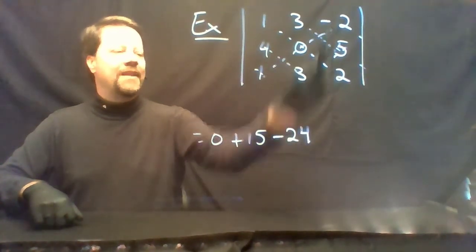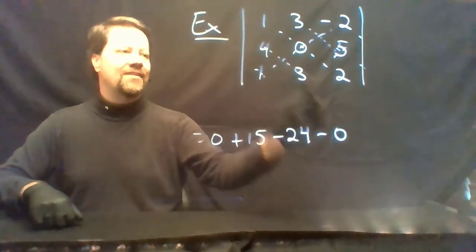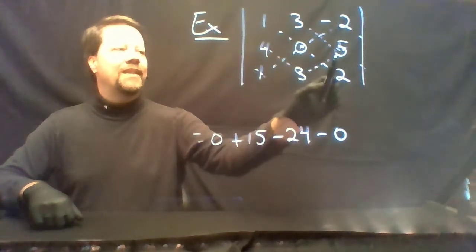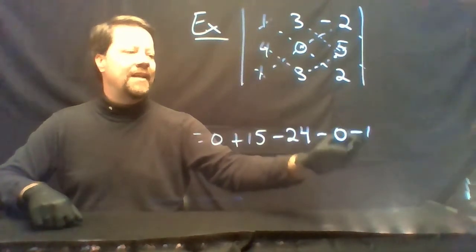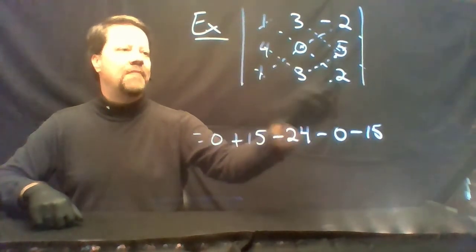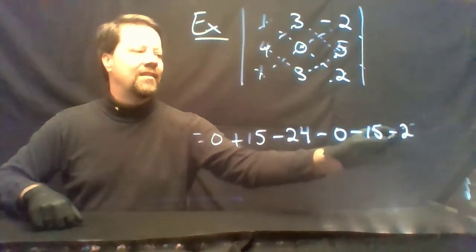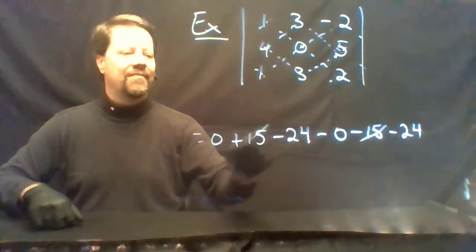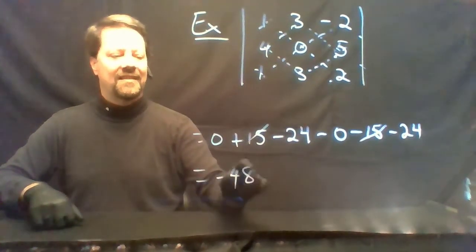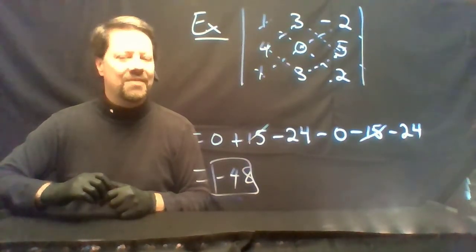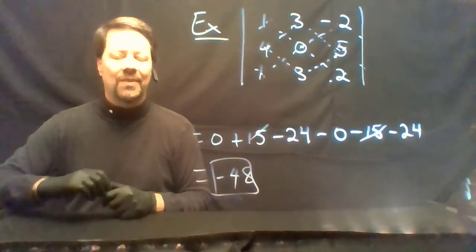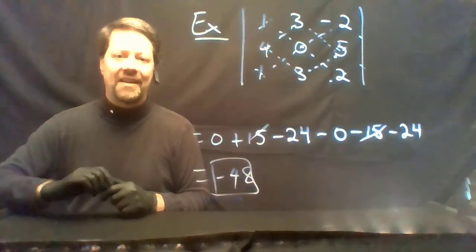Going back up the other direction, you subtract 0. You have to get 3 in each product, so it's going to be minus 15 and then minus 24. Keep in mind, this only works for 3 by 3s. It does not work for 4 by 4s or higher.